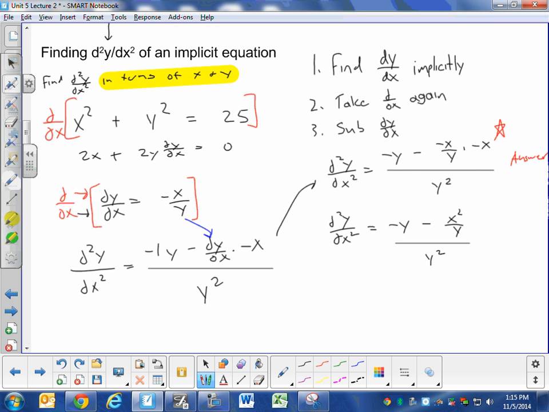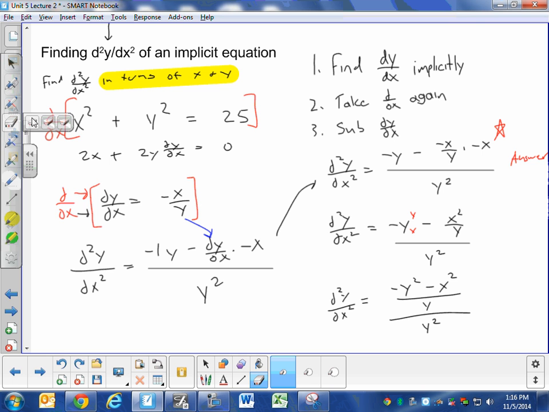Yeah, that's nice, but I don't like having fractions inside of fractions. So let's give this a common denominator. Let's multiply by y over y. So d squared y over dx squared equals negative y squared minus x squared over y squared.